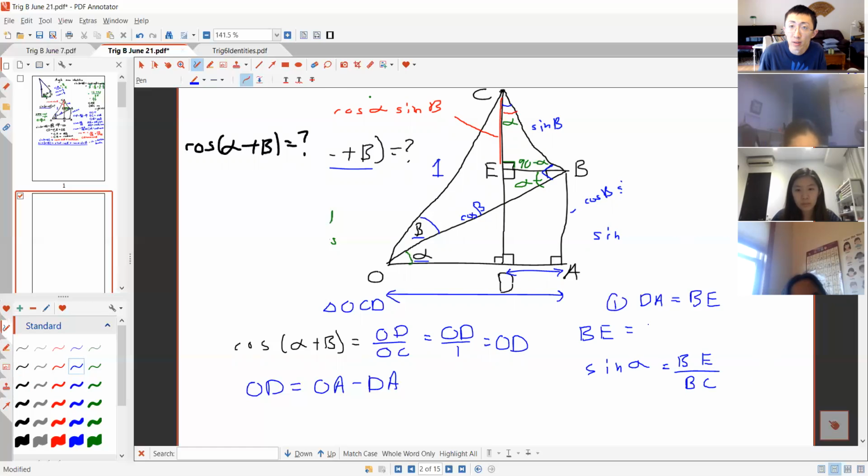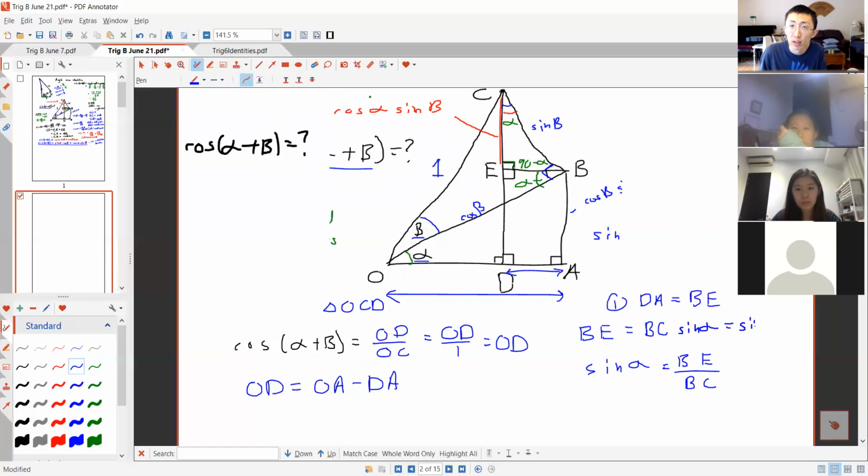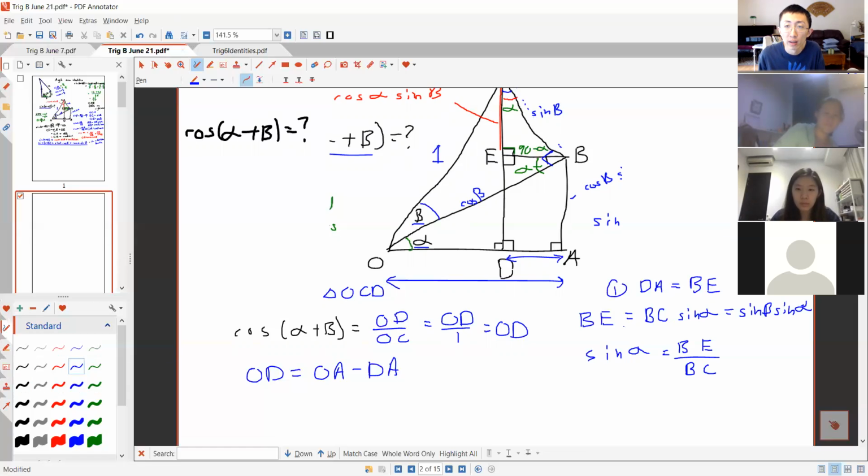So that means BE is BC sine of alpha, or sine beta times sine of alpha. Yeah, so it's this length times sine alpha.